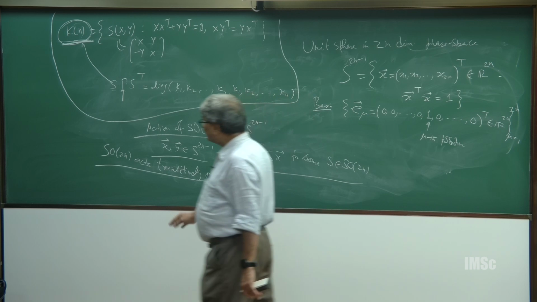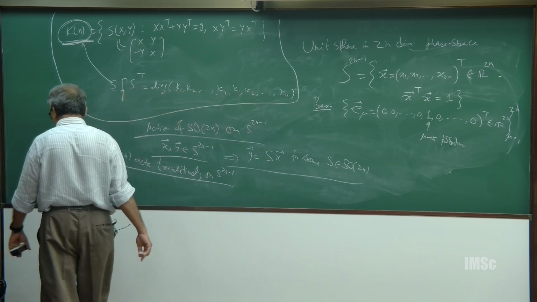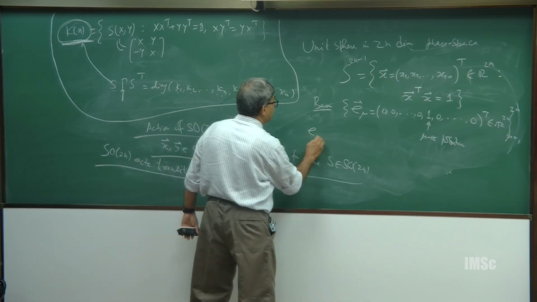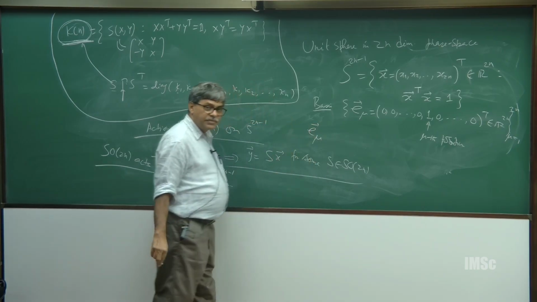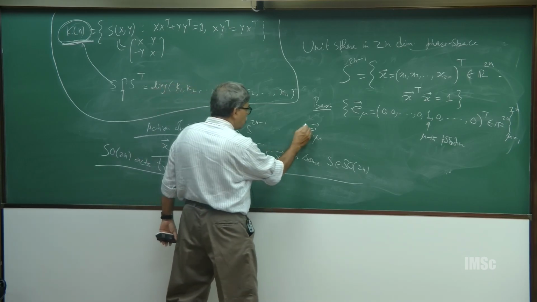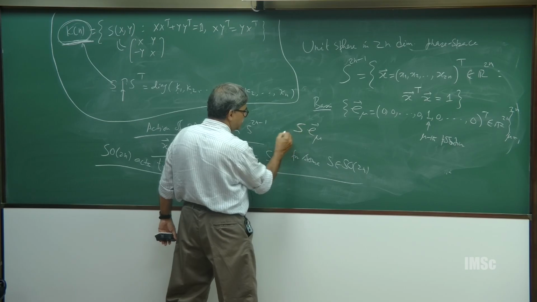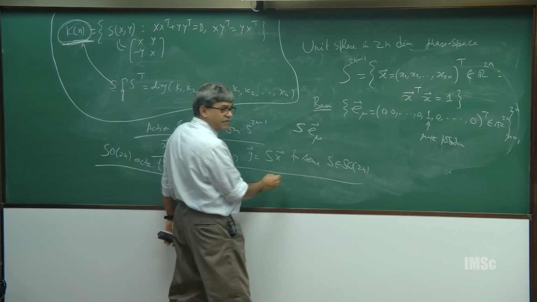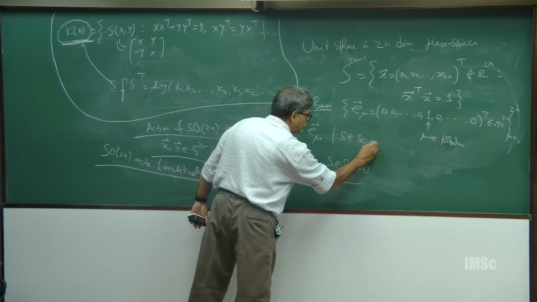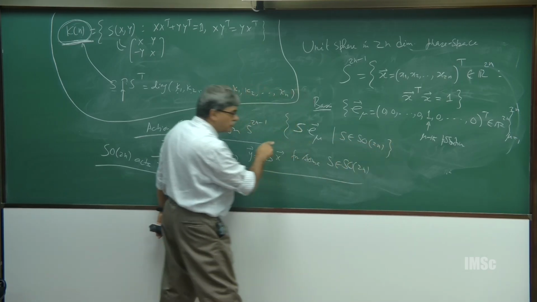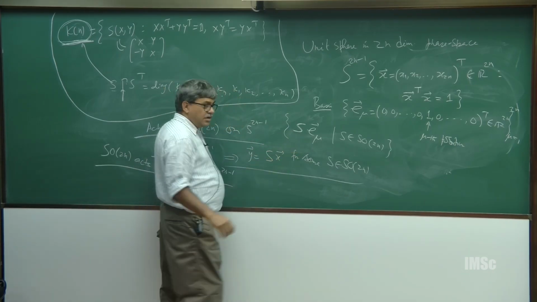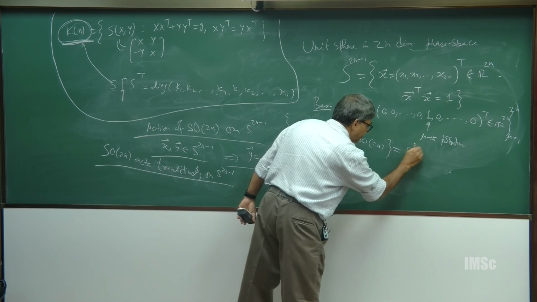So, in other words, if I take this e_mu, this unit vector, and apply all elements S belonging to SO(2n), I consider all such vectors S e_mu, and this should be equal to S^(2n-1).